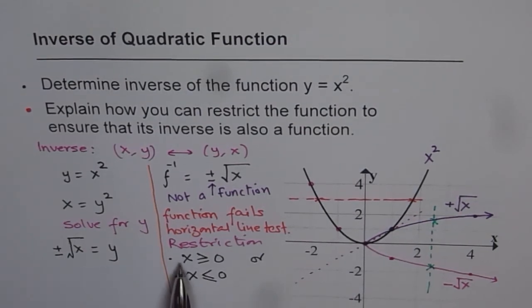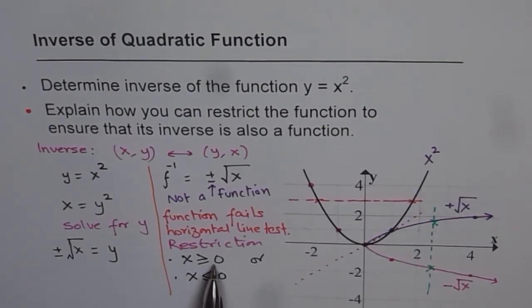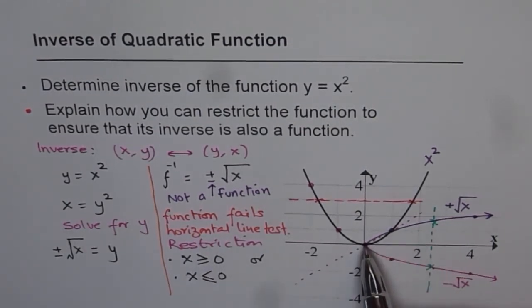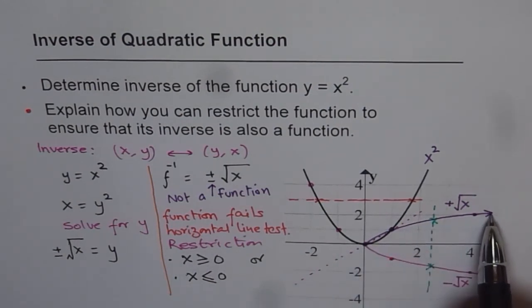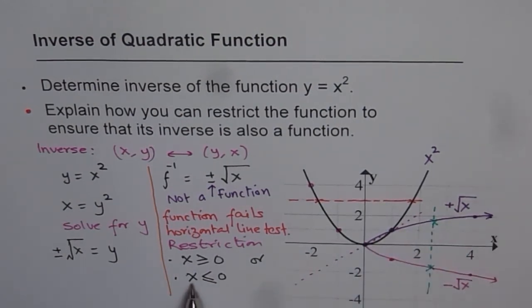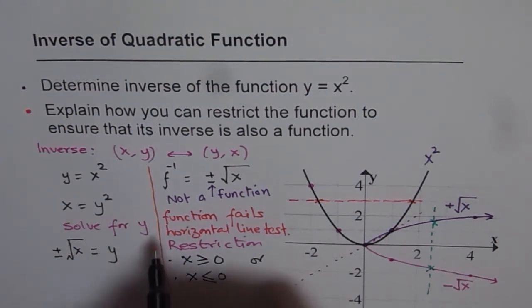If I consider x greater than or equal to 0, then its inverse will be the positive half. But if I consider x less than 0, then the inverse will be the negative half. So by restricting the domain of the function, we can ensure that its inverse is also a function.